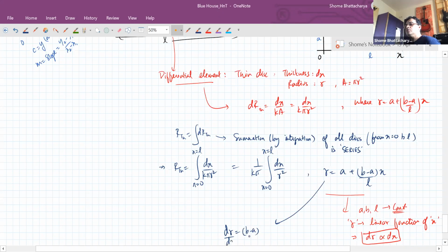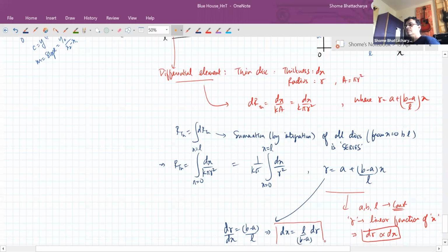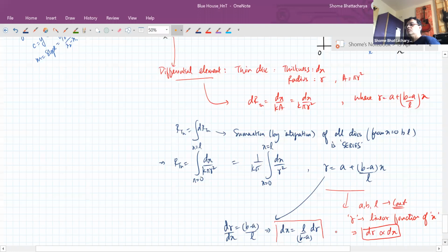That means dx can be substituted as l upon b minus a times dr. We will substitute this in the integration above, and you will see that will make the integration very easy.